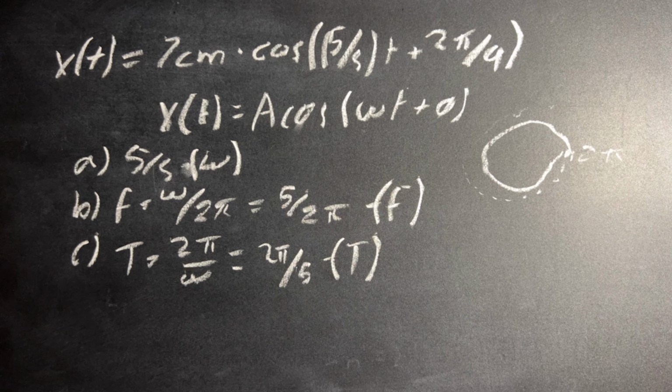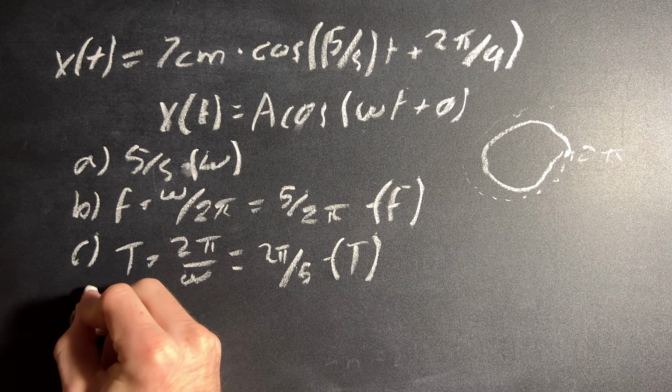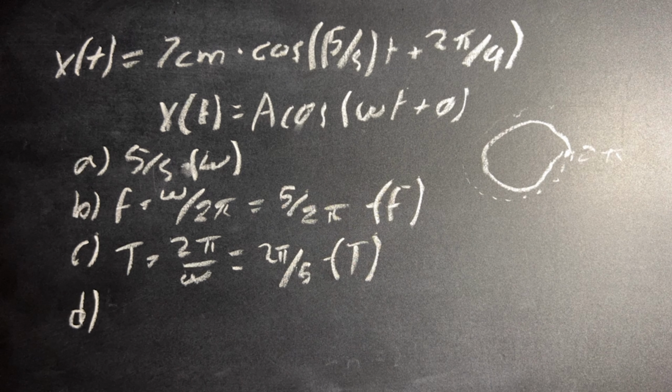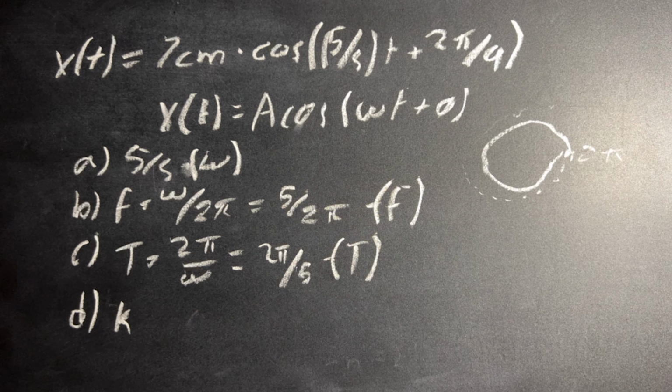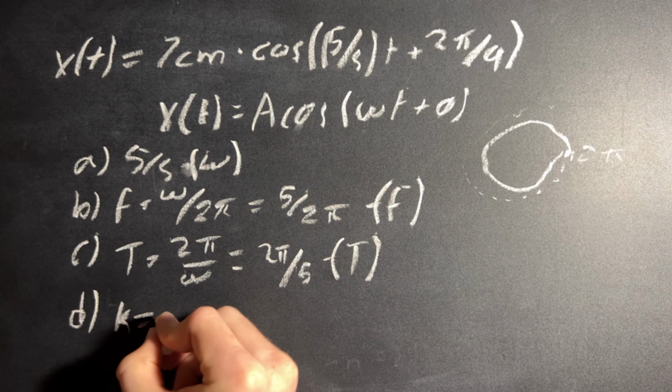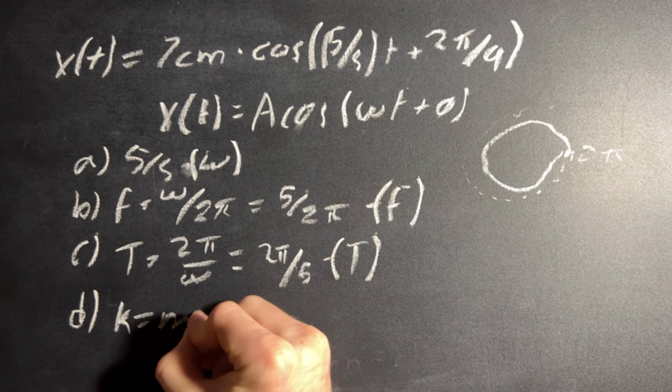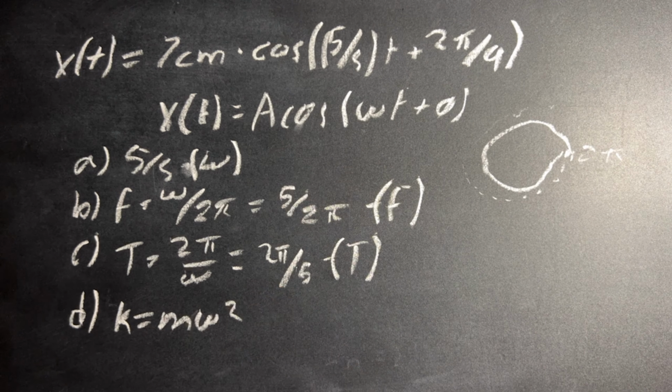D, we are going to be finding the spring constant. The spring constant is K, and K equals M omega squared. Why is this the case?